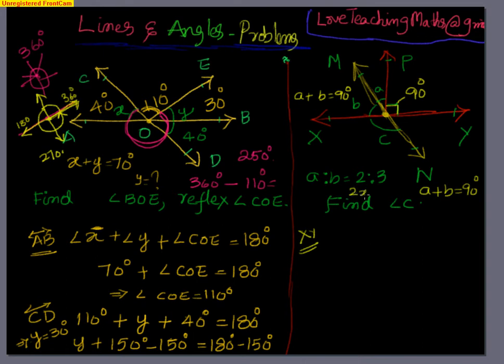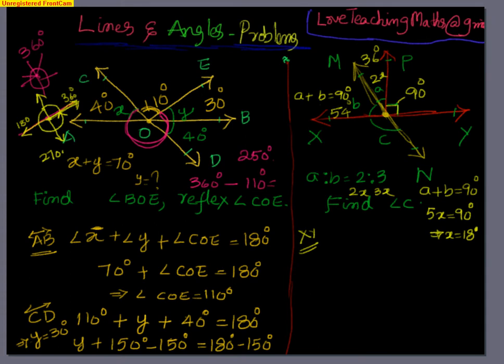So can I take them as 2x, 3x? That makes 5x equal to 90 degrees, which gives x equal to 18 degrees. So A is equal to 2x, that's 36 degrees, and B is equal to 3x, that's 3 into 18, 54 degrees.